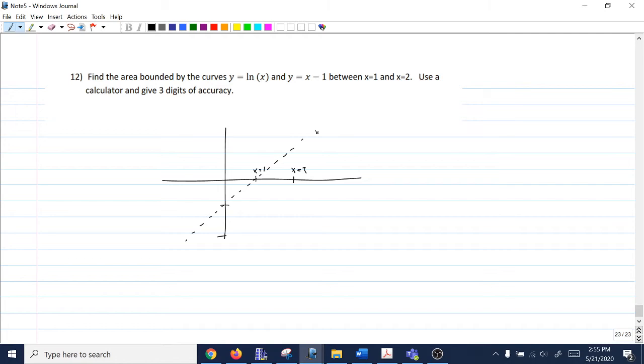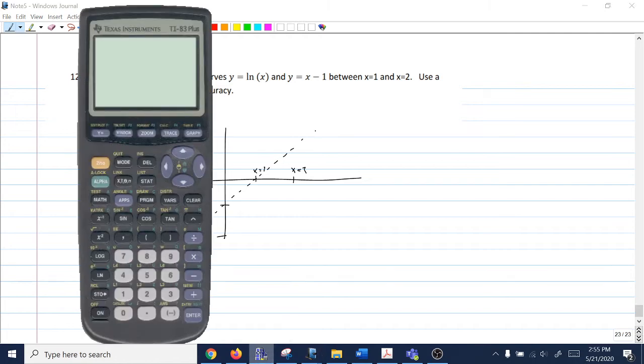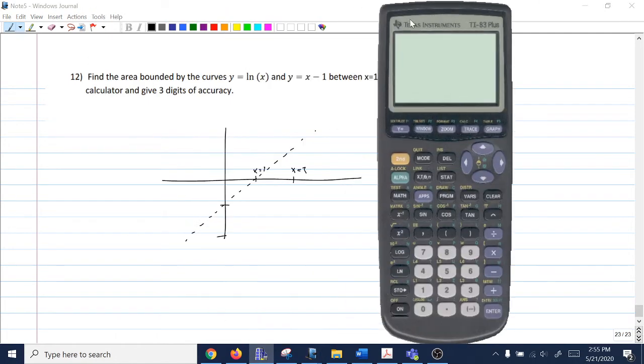Do I know what natural log x looks like? Maybe I should just graph these things and get a sense of which one's on top and which one's on bottom. Show me ln x and show me x minus 1. Don't graph it everywhere. I really care what's happening between 1 and 2.